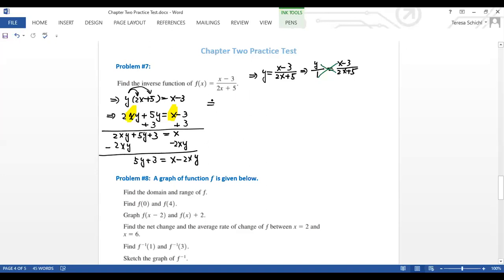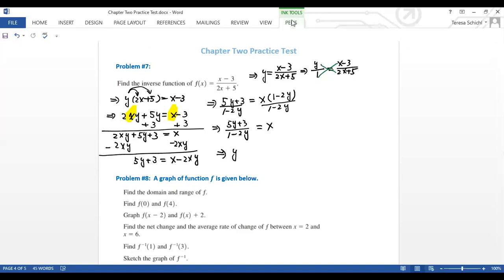Because I am going to solve for x, right? So I need to factor the x out. So this is 5y plus 3 equal to x times (1 minus 2y). Then what I can do is divide by 1 minus 2y on both sides, right? So I have (5y plus 3) over (1 minus 2y) equal to x. Remember the procedure I told you: after you solve for x, you switch.